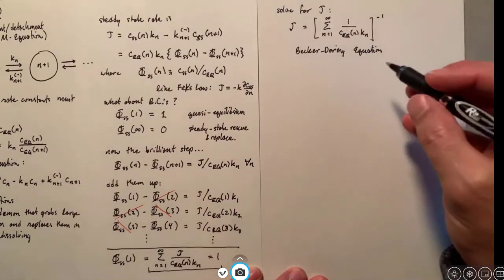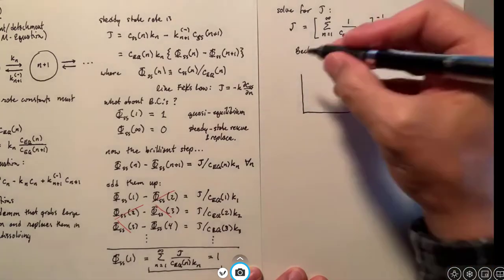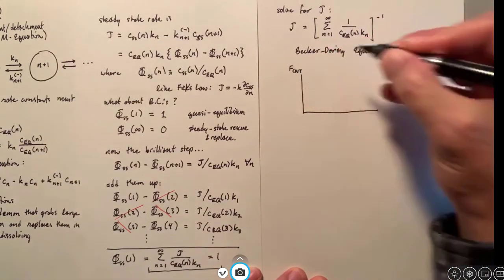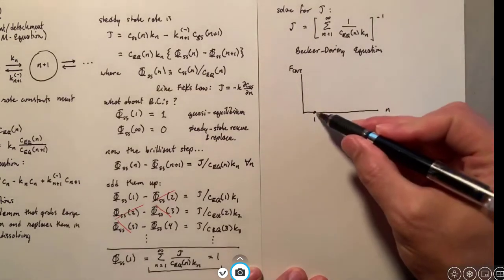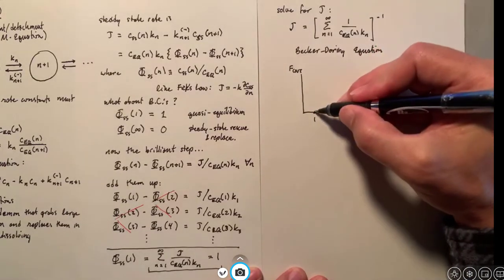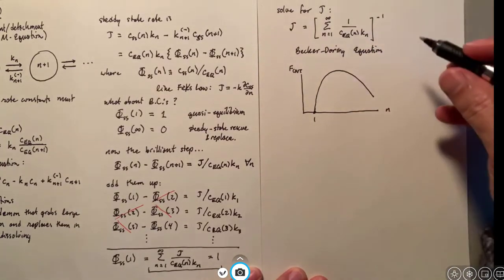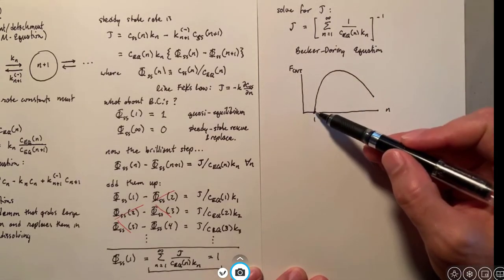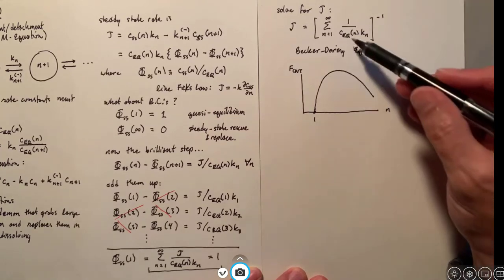Okay, well, remember that the free energy landscape, F as a function of n, looked like this. If we plot it with our reference state being 1, then we get all these different values of n that go up like this and then go back down. Now, the free energy is the negative logarithm of the equilibrium concentrations.